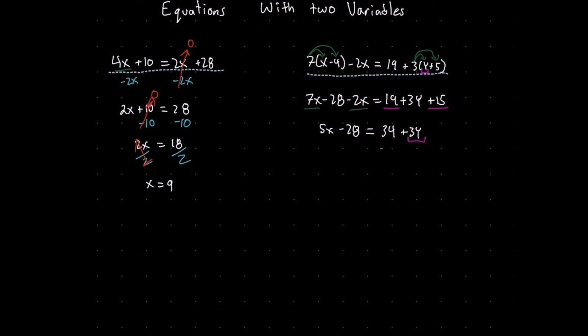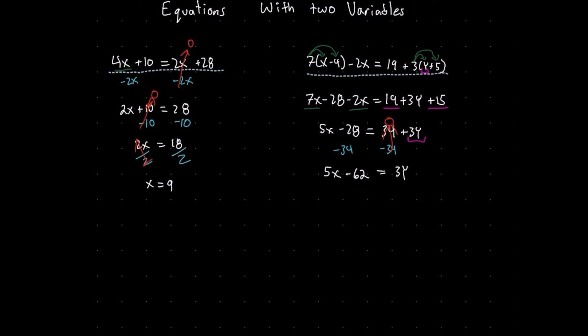So we'll subtract 34 from both sides. That is going to give us 5x, and negative 28 becomes a more negative number, so we're going to get negative 62 is equal to, and we know this becomes 0, 3y.